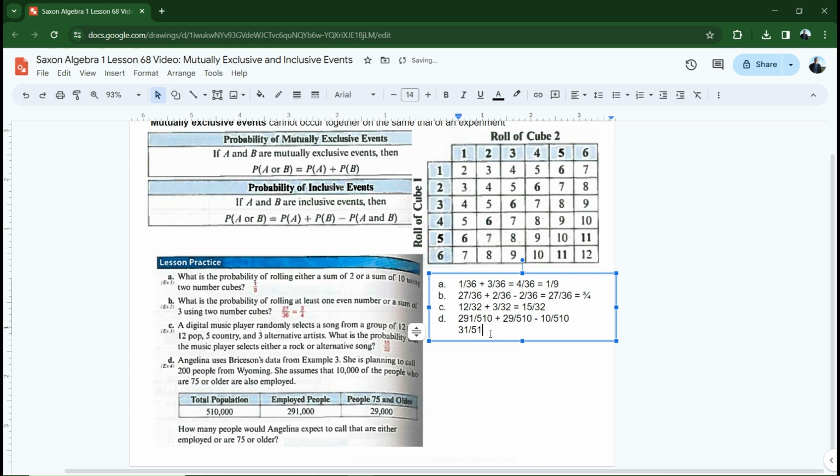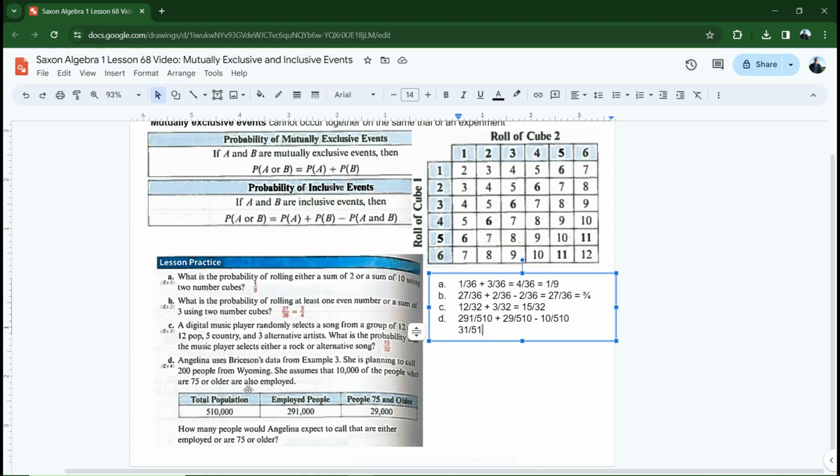The probability that I'm going to get somebody who is either employed or 75 and older is 31 over 51. And keep in mind, I already subtracted out the double counted people. So yes, some of the people will be both, but I only counted the people that are both employed and 75 and older one time. I didn't count them twice. So this is the actual probability.